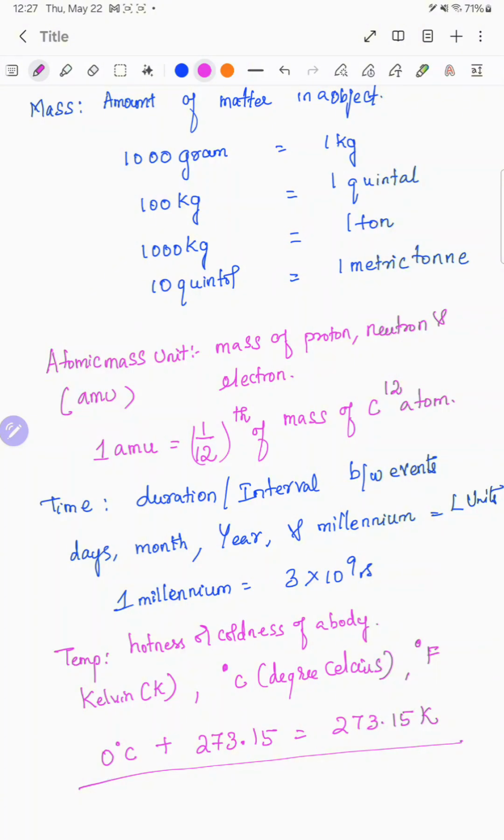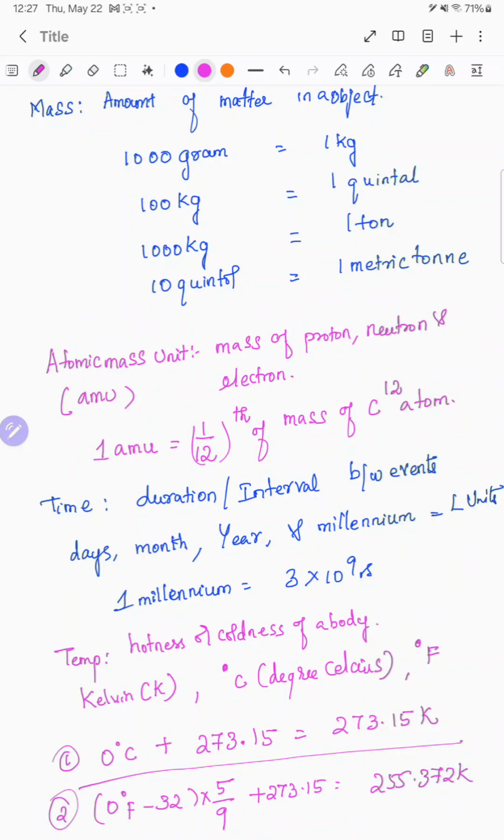Or if you want to convert from Fahrenheit to Kelvin, this is formula 1, this is formula 2. This is from degree Celsius to Kelvin, and this is for 0 degree Fahrenheit: minus 32 into 5 by 9, plus 273.15 is 255.372 Kelvin.